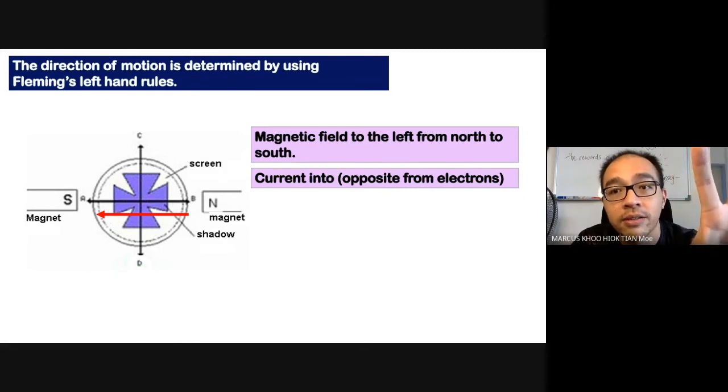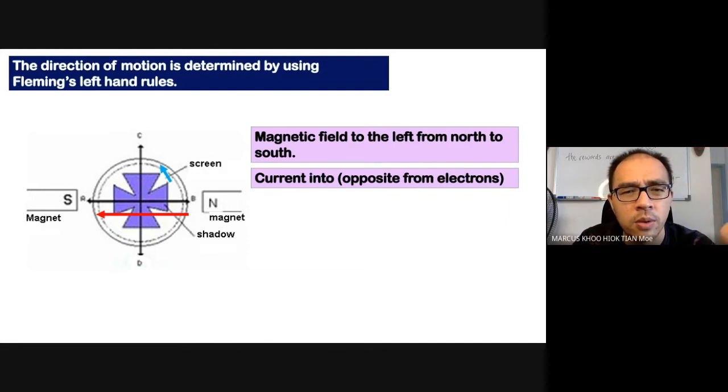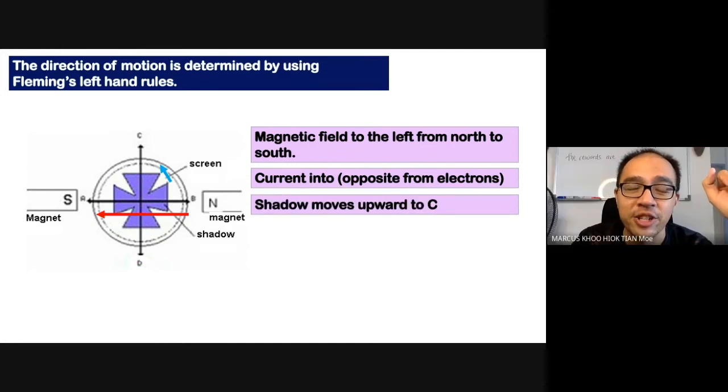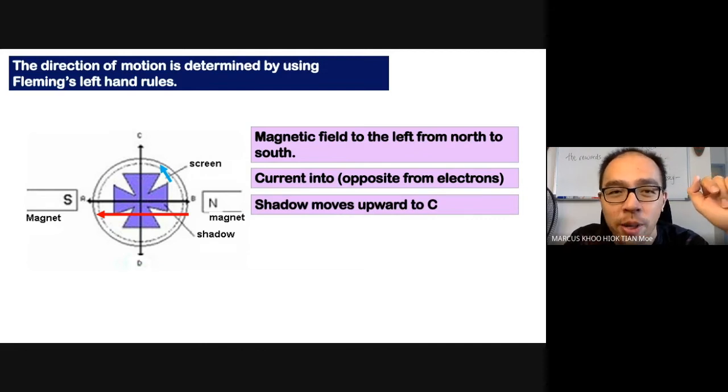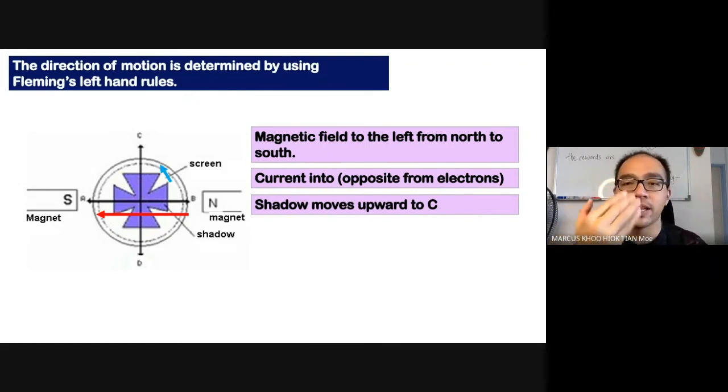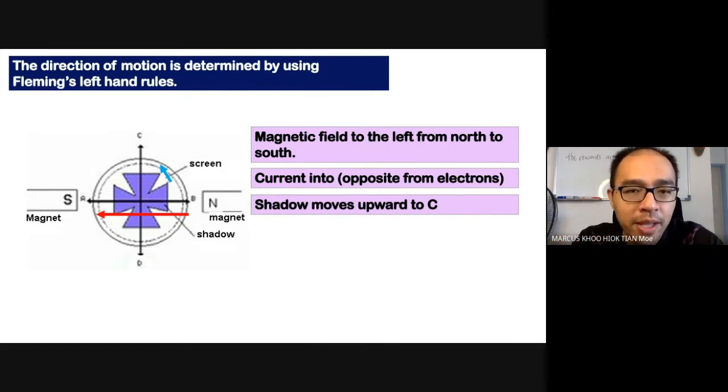So the current is flowing into this one. Wow, so interesting. Where is the direction of the shadow moving? Upwards. The shadow is going to move upwards towards C. Don't fall asleep. Sorry, this way, that means the deflection tube is facing you. My bad. So the shadow will move upwards, towards C.